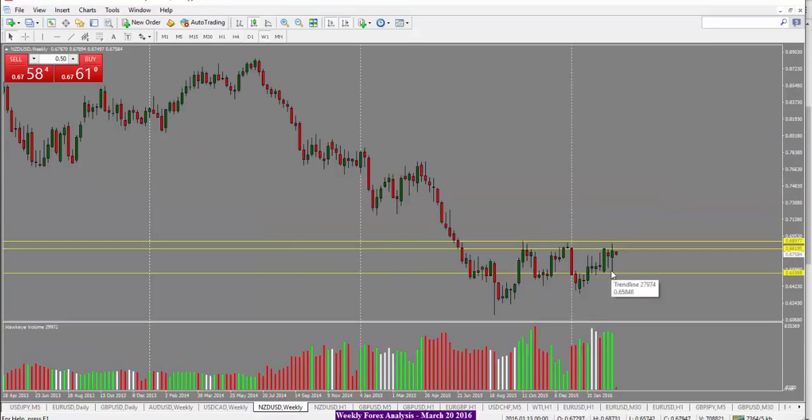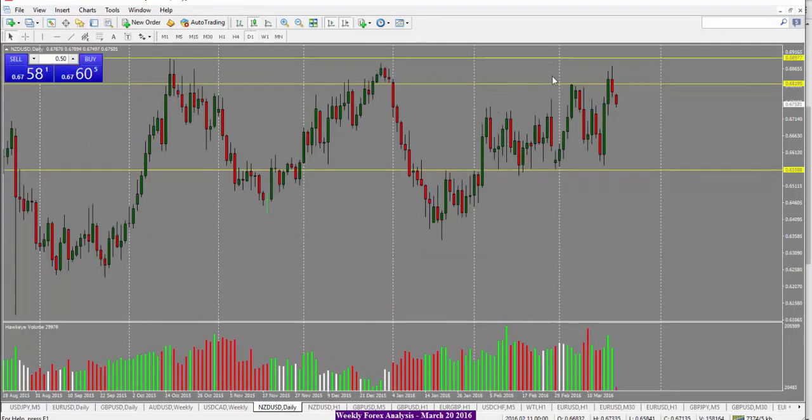Let's take a look at the New Zealand dollar. Based on the weekly chart here, we do see some rejection from the top. The price did not close in positive territory, so this is more bearish than the Australian dollar. We did see the price go up and test into these highs. It did not manage to close above the highs, and now we are seeing a pullback.